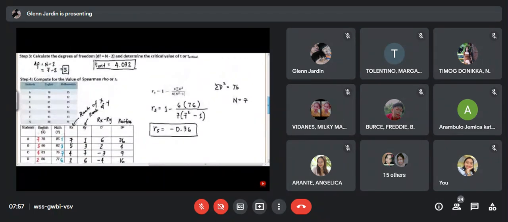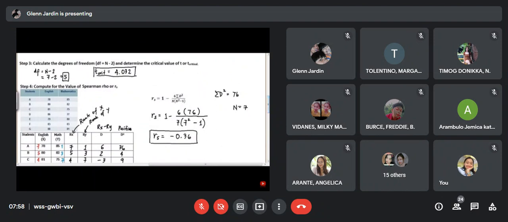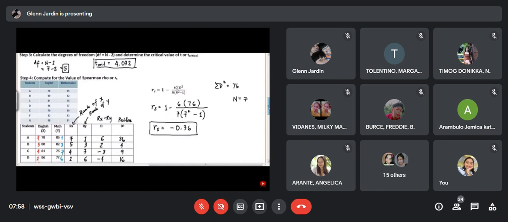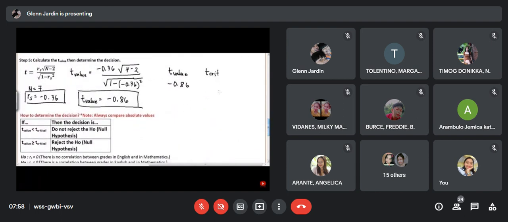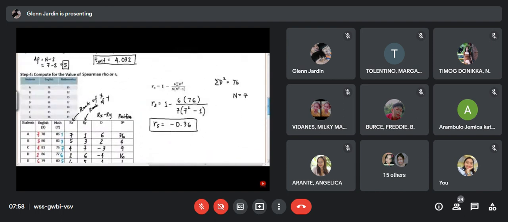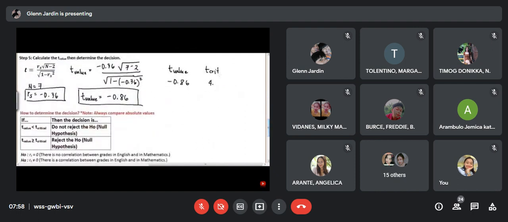Yung t-crit, nandito yan sa step 3. Ang na-compute, positive naman siya, 4.032. Positive negative kasi yan, guys, kasi two-tailed. So, lagyan natin ng 4.032. Itong negative na to, tanggalin ko siya. Absolute value natin yan, 0.86 at saka 4.032. Okay?